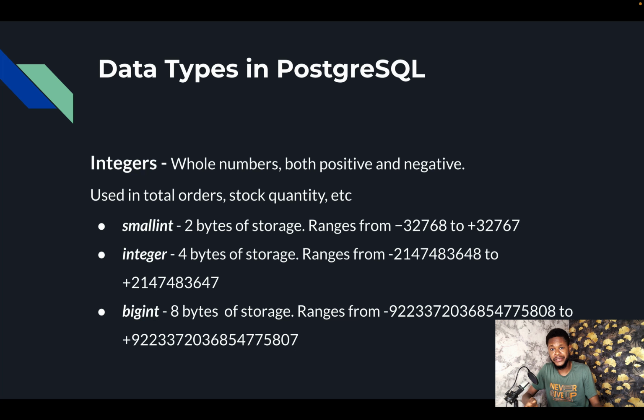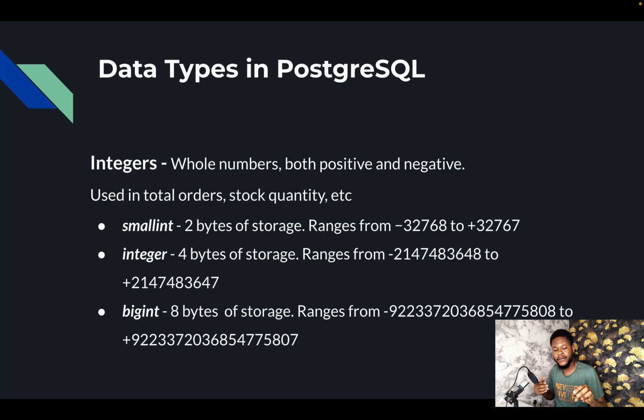Is it placing 3 orders, 2 orders? For this kind of example, you can't say someone placed 2.5 orders. That doesn't make sense. So for cases where you know it's not decimal, it has to be whole numbers, integers are perfect for it. So you could use it to store total number of orders. You can use it to store the stock quantity, number of stocks left, and things like that.